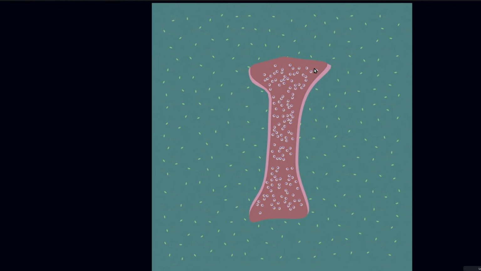The second thing that you must remember about the hyaline cartilage is that it does not have blood vessels. Some blood vessels are in fact there within the perichondrium, but blood vessels are not inside the cartilage.